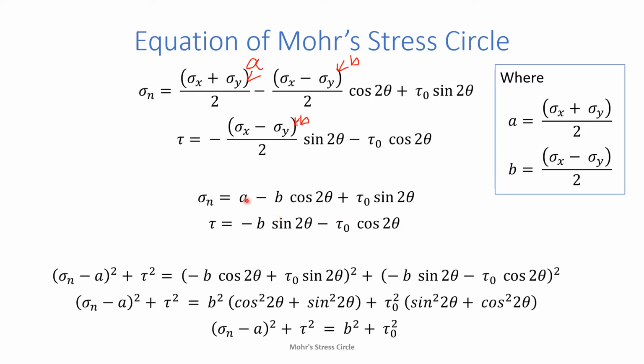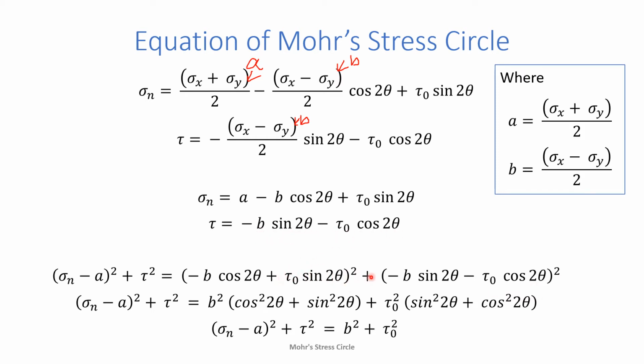Now if we take A to the other side, sigma n minus A, and square these two equations and add, the left hand side will be sigma n minus A whole square plus tau square, and the right hand side will be minus B cos 2 theta plus tau naught sin 2 theta whole square, plus minus B sin 2 theta minus tau naught cos 2 theta whole square.